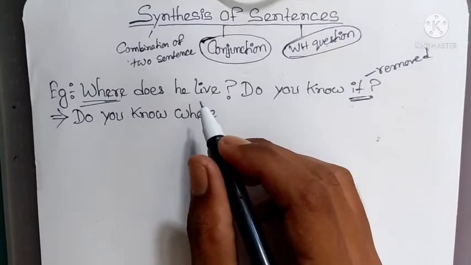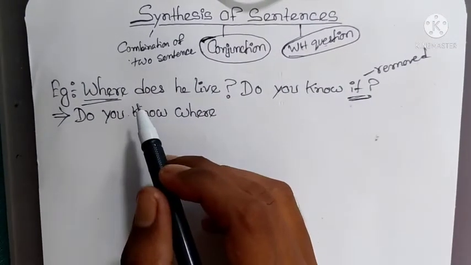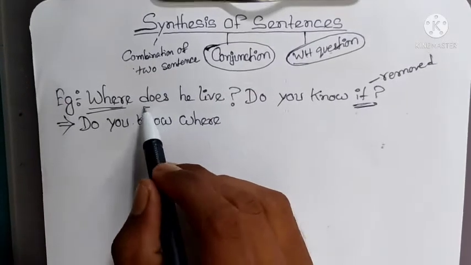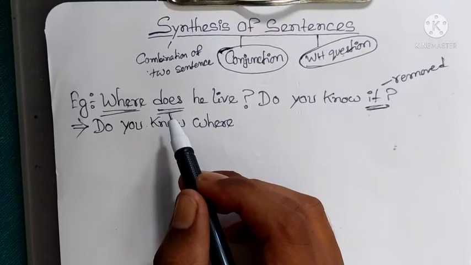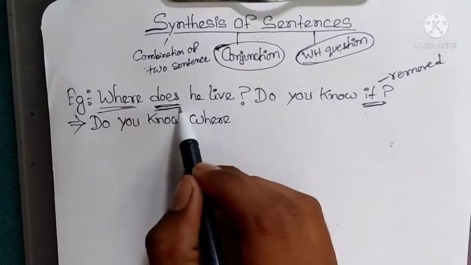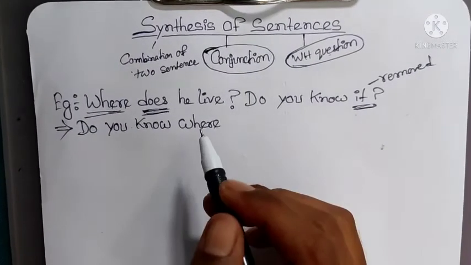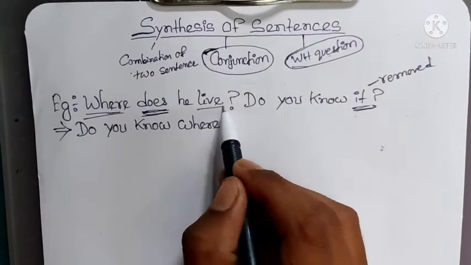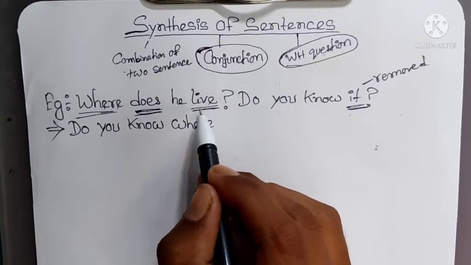So here there is one rule which you have to remember. If there is "does" in the WH question, then we should remove it. Okay, we should remove this "does" and we should add S or ES with the verb. This is the verb here, so we should use S or ES with this verb.